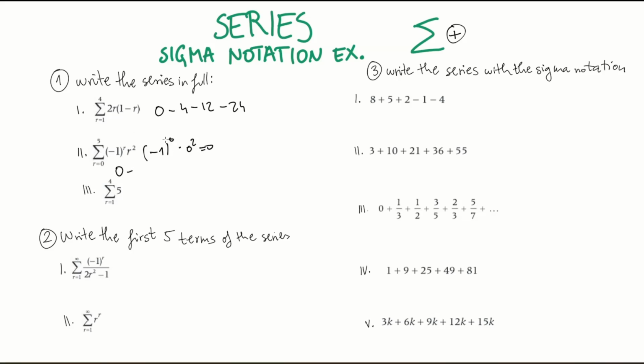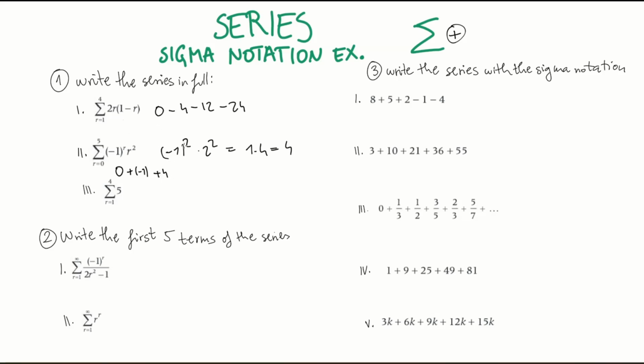And then we go and substitute in 1 for r. We get minus 1 to the power of 1 times 1 squared, which is minus 1. So we do the same with the next term, minus 1 to the power of 2 times 2 squared, which is 1 times 4, and that's plus 4.